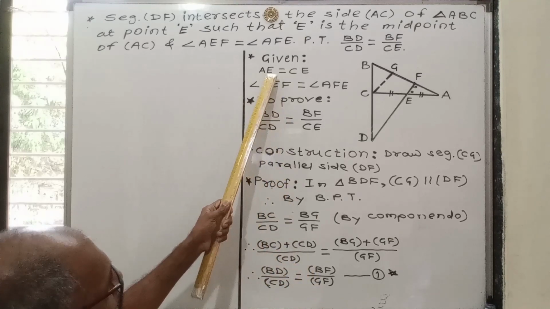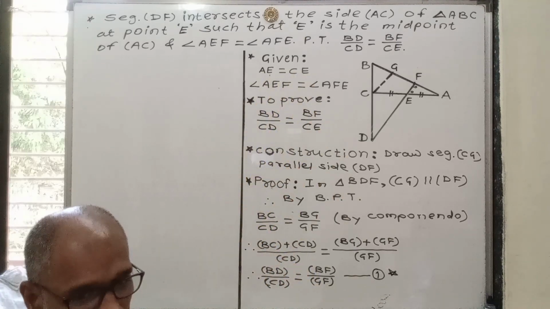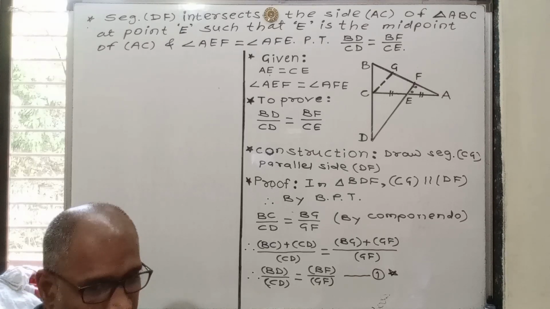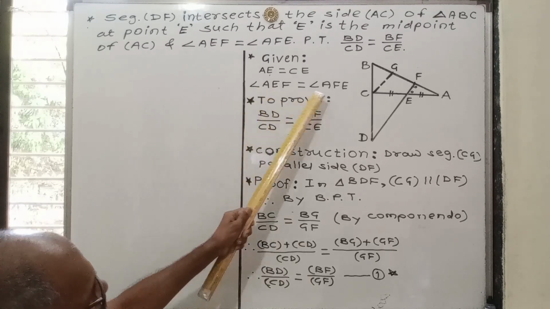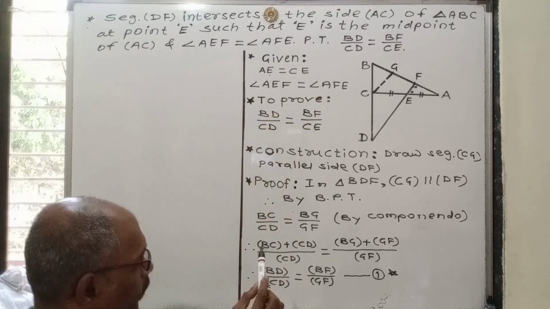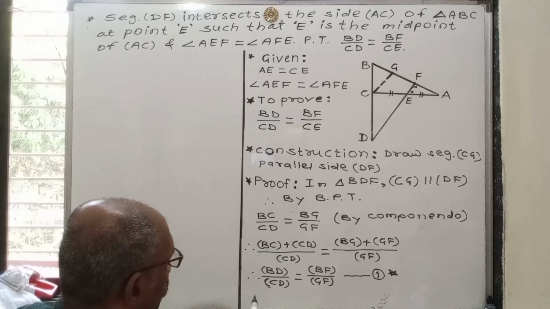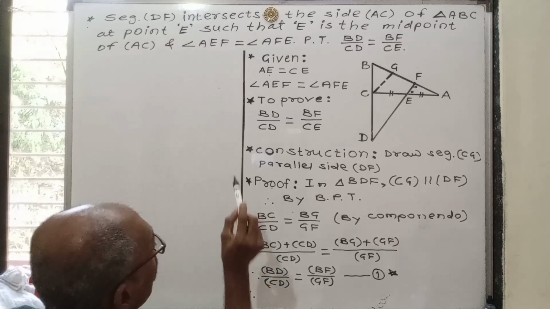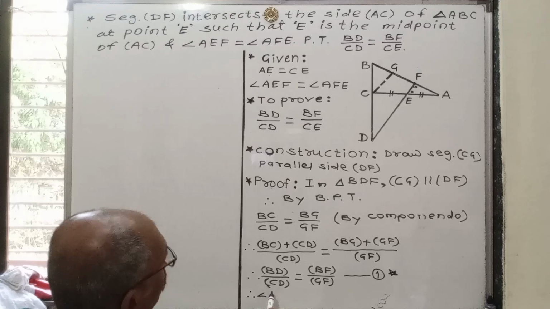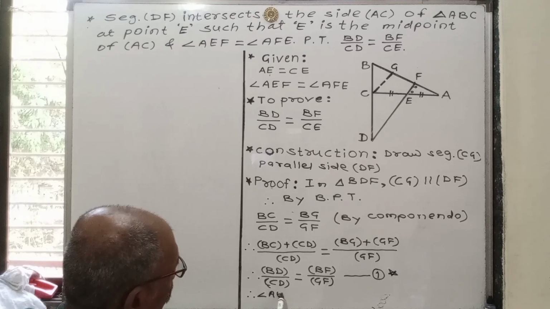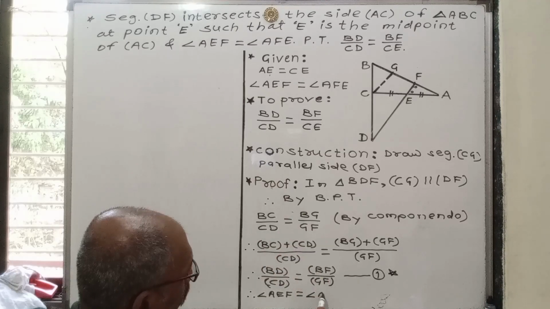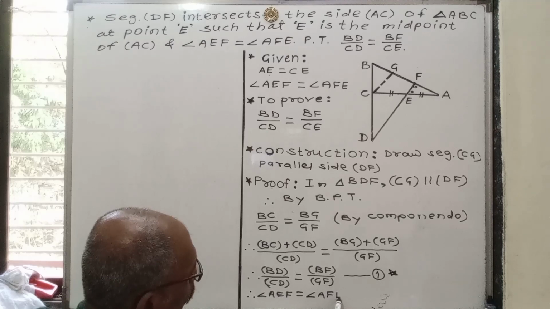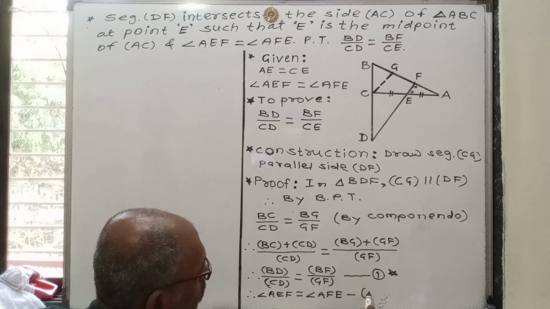Now we use this. Okay. Now we have given AE is equal to CE. Before that we use this also. Therefore, we write here angle AEF is equal to angle AFE.